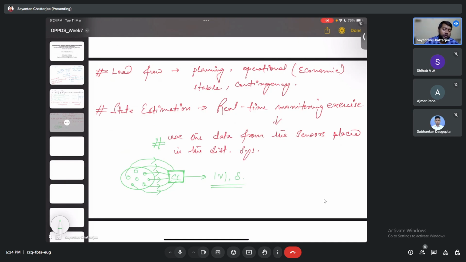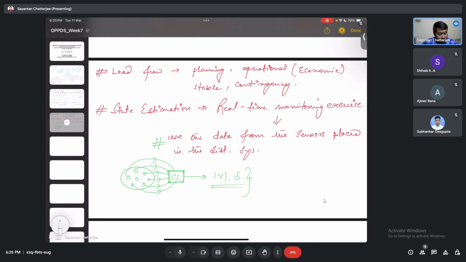Suppose we perform this estimation every 5 minutes. Once we get this V and delta, we can see whether any line overload limit has been crossed and all these things, and based on that we should try to take the best possible action, so that system operational continuity prevails for the entire period of time.